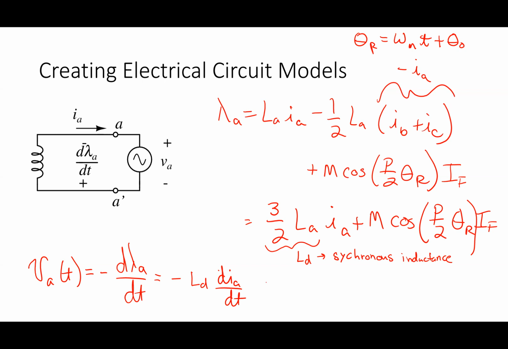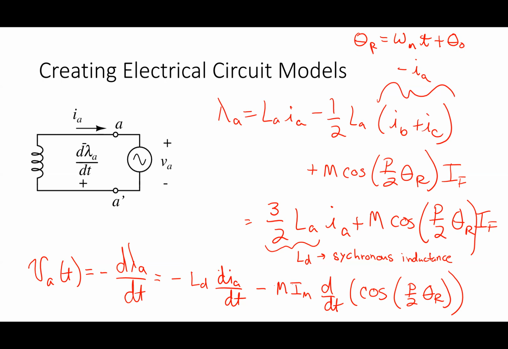This guy becomes minus M. Is IF a function of time? No, it's constant. Minus M times IF times d by dt of cosine P over 2 theta R, like that. And I'm not going to take that derivative just yet.